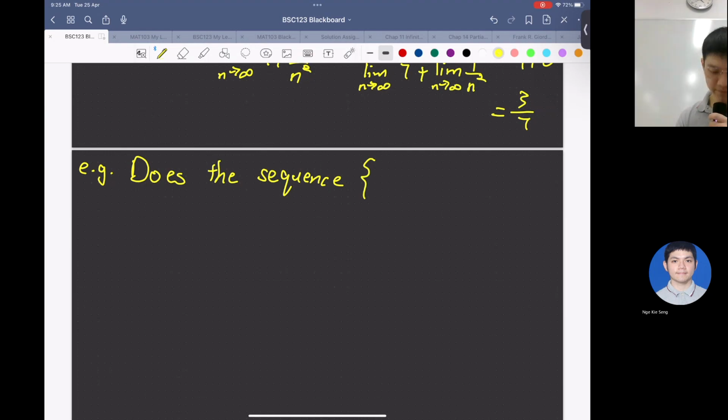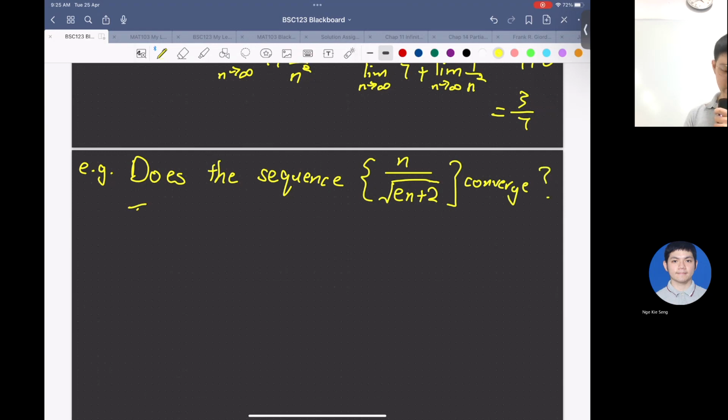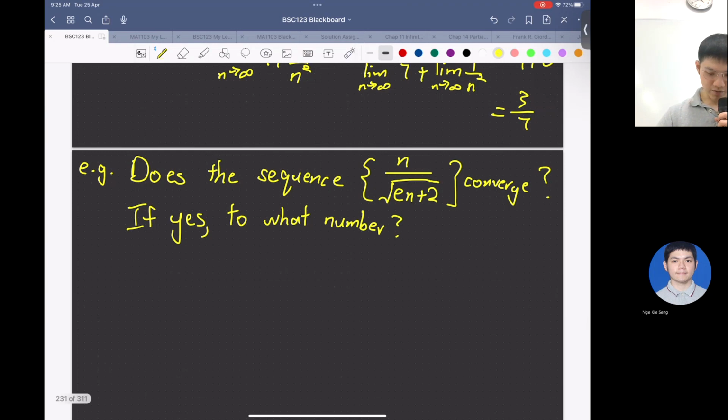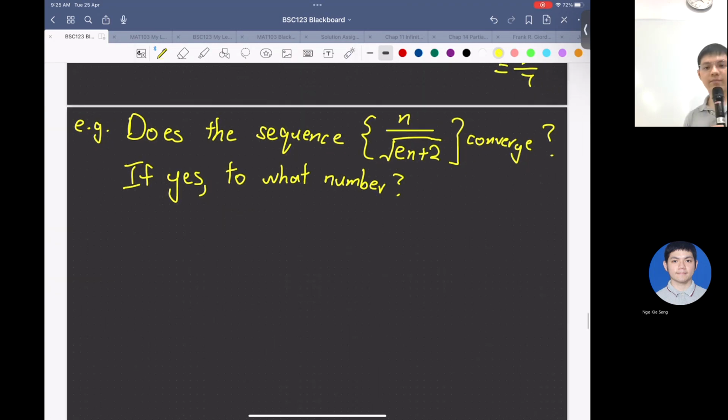So how about this sequence here? Maybe I let you try first. Let's take this sequence, n over square root of e times n plus 2. Check whether this converges or not. I'll let you try for 3 minutes.